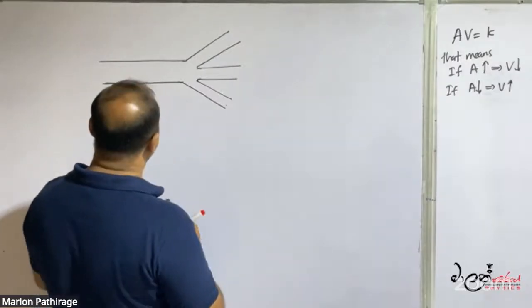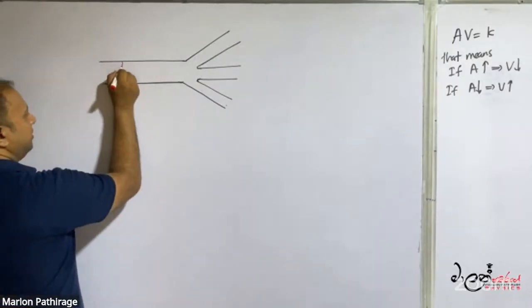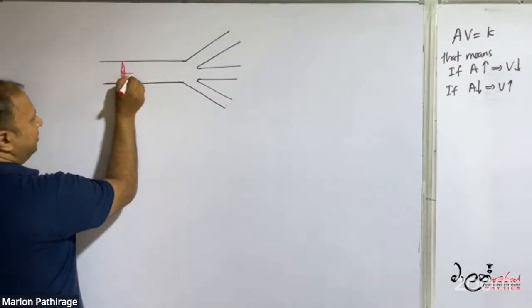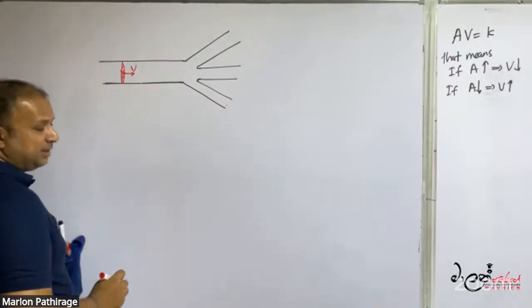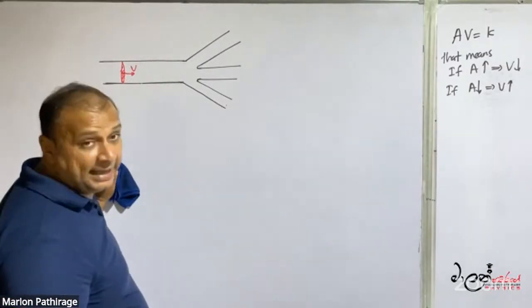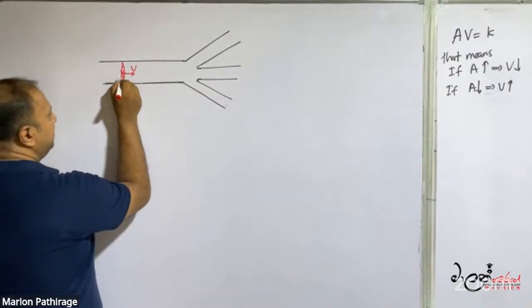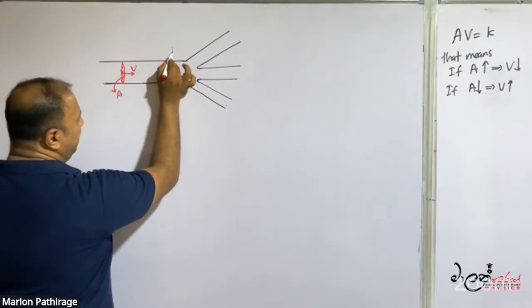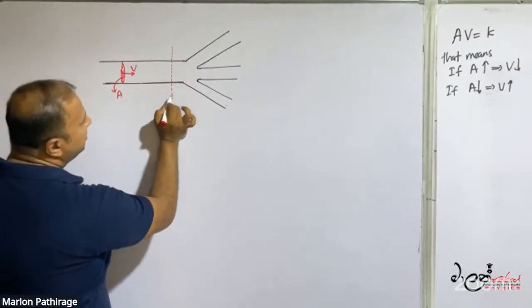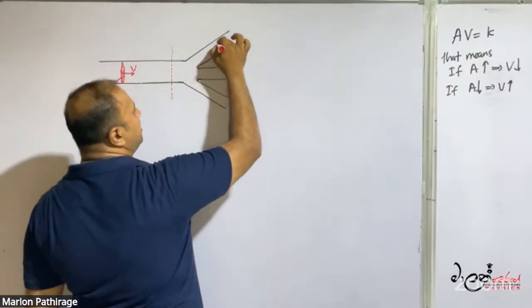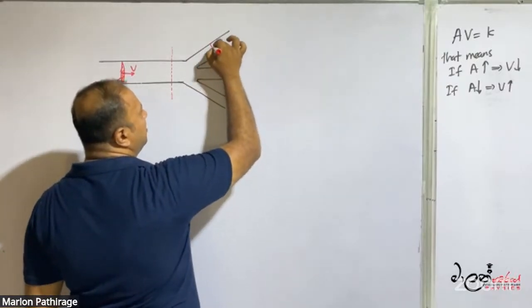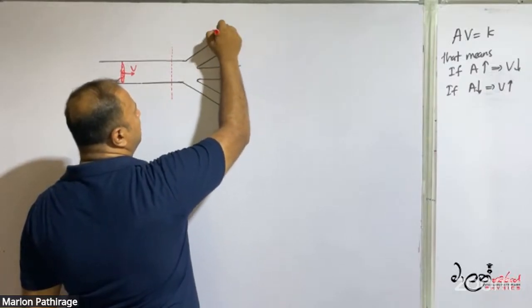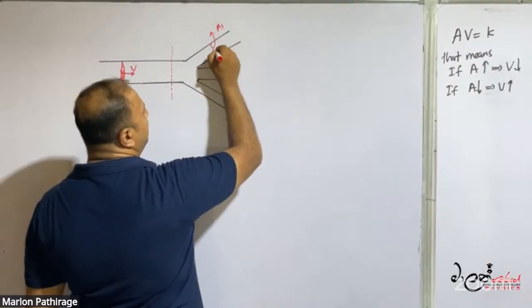Now, suppose this cross section is A and the speed of the liquid is V. And suppose this cross section is A1 and the speed of water flow is V1.